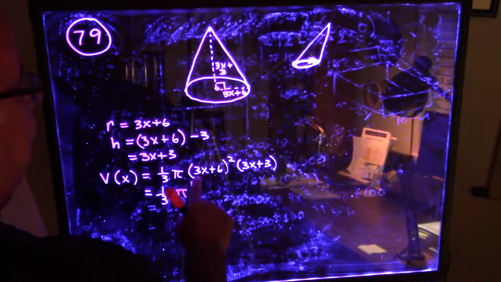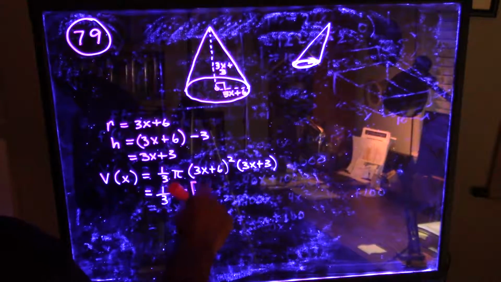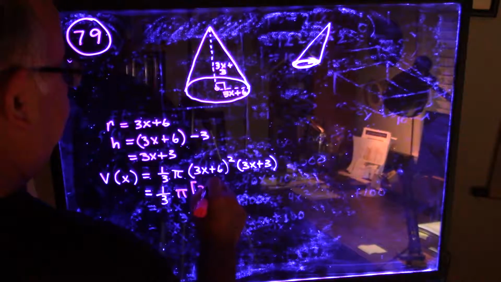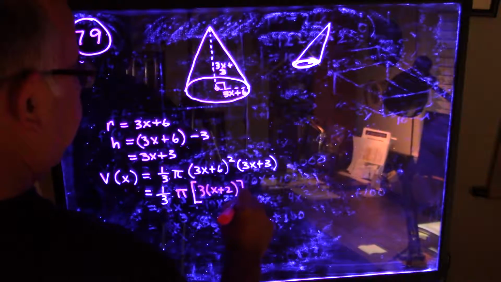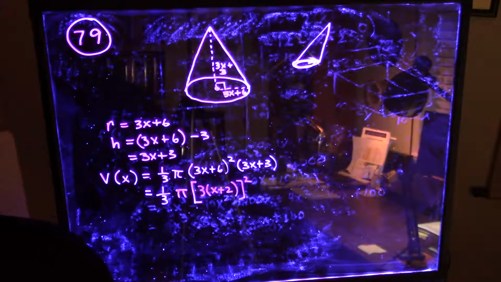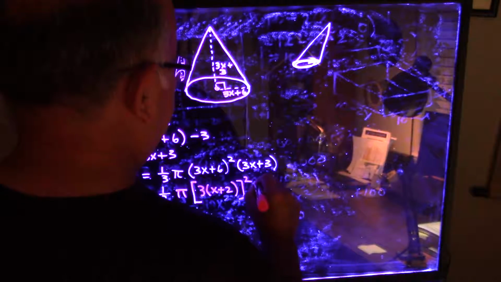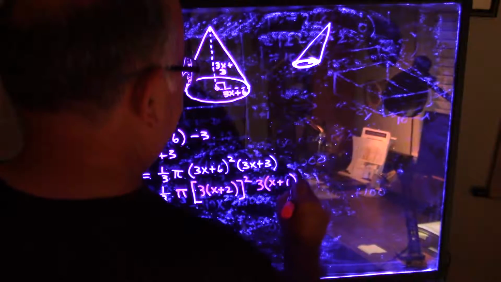I can factor a 3 out of these two terms here, so I'll do that inside the parentheses, and I'll rewrite the parentheses as brackets. Factor the 3 out, and then put the square there. You can also factor a 3 out of these two terms, bring that in front, and that leaves you with an x plus 1 in parentheses.